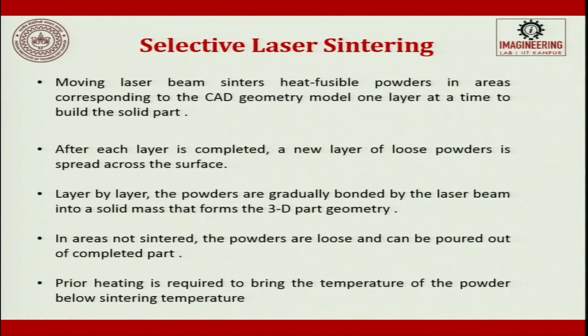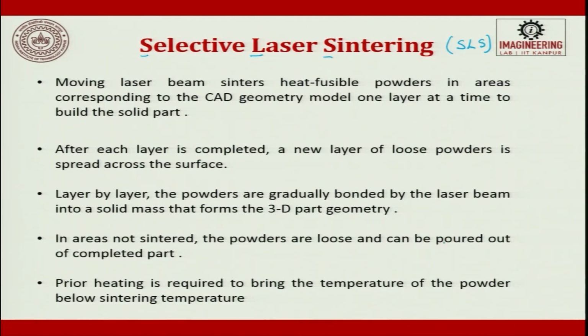The most popular one, used extensively today, is selective laser sintering, otherwise called SLS. A moving laser beam sinters heat fused powders in areas corresponding to the CAD geometry model, one layer at a time, to build the solid part.